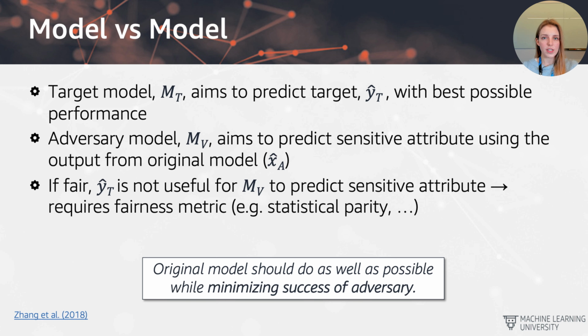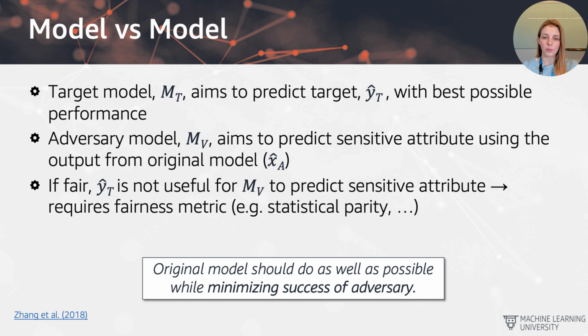And the idea here is that if the target model does not rely heavily on the sensitive attribute, then the adversary model will have a very hard time re-engineering what the sensitive attribute is. So if indeed MT is fair, then y hat t is not going to be useful for the adversary to predict the sensitive attribute.